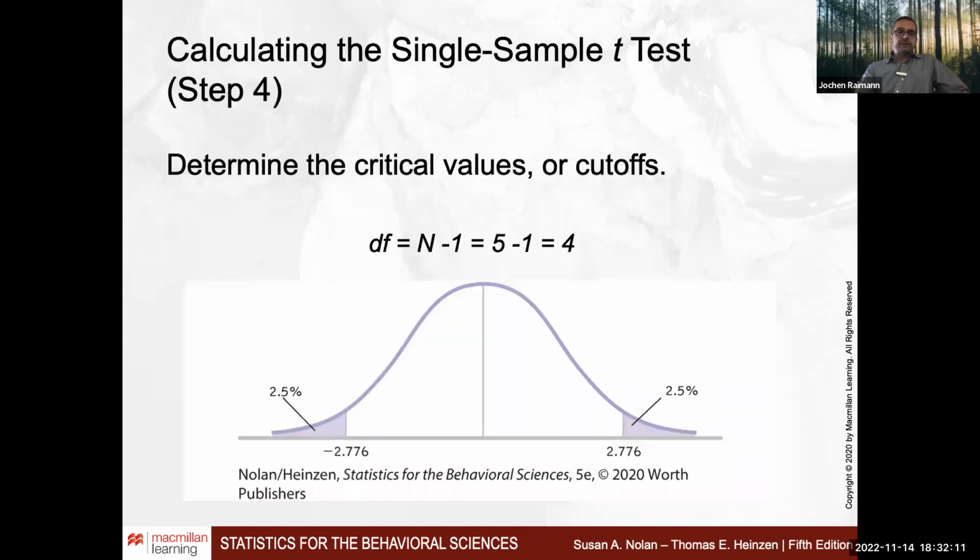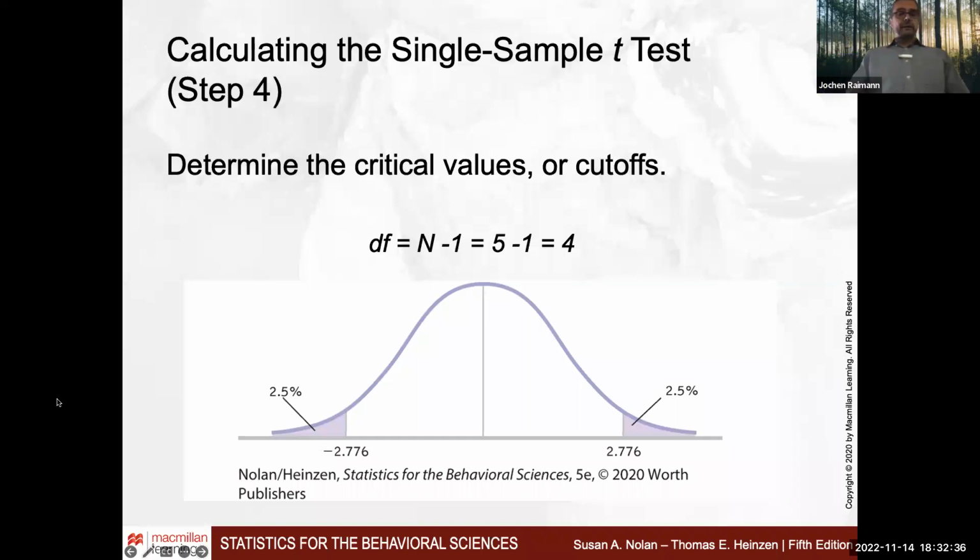So the actual distribution looks like this. So we have degrees of freedom of 4. The distribution is essentially, again, symmetric, bell-shaped, two-tailed hypothesis testing. And here are our respective critical t-scores, 2.78. Easy, right? Not complicated.